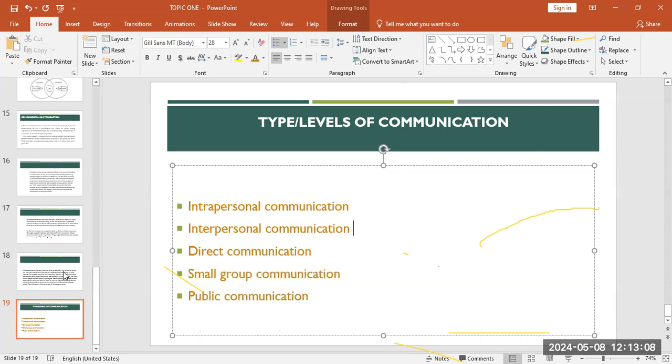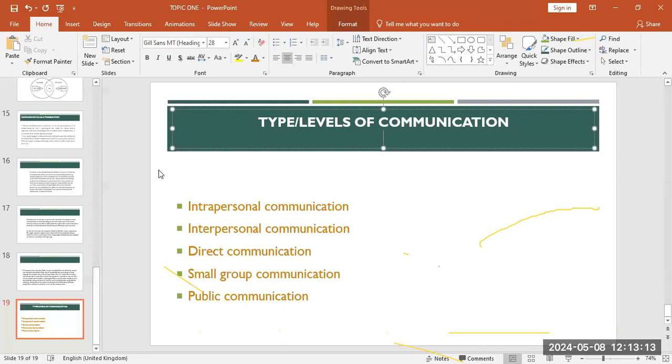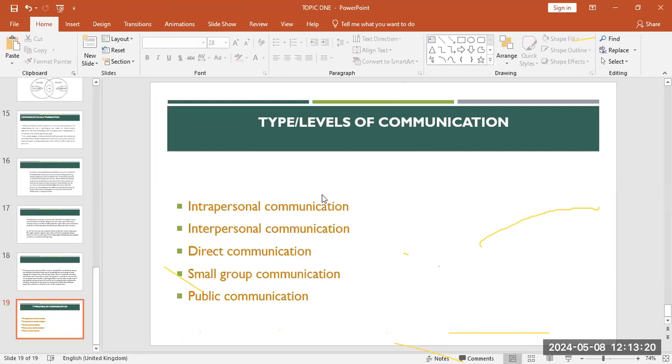Roles that we play in communication depend on who you are. If you are a mother, there are certain roles you play in communication. So then we have levels of communication.